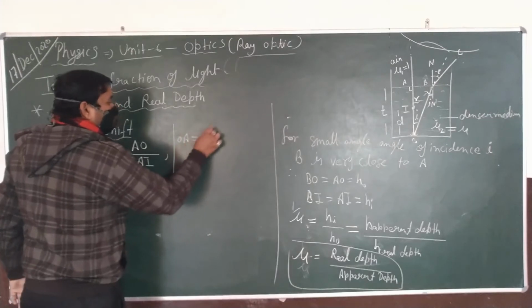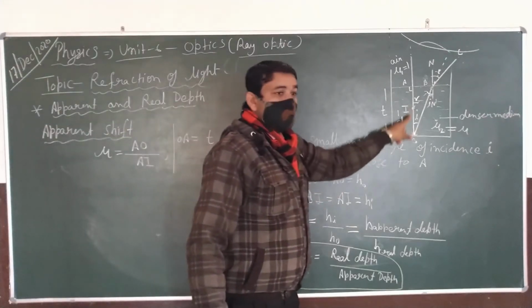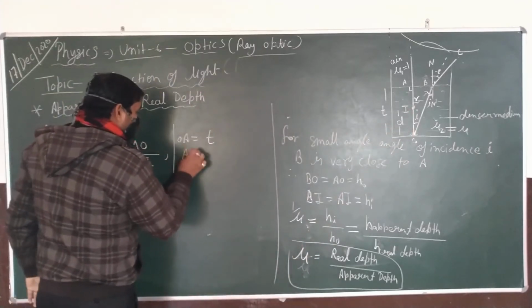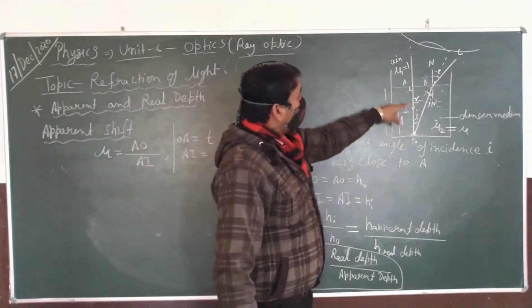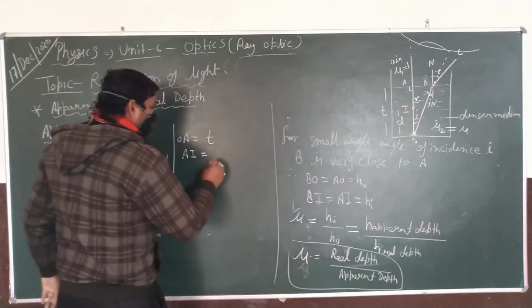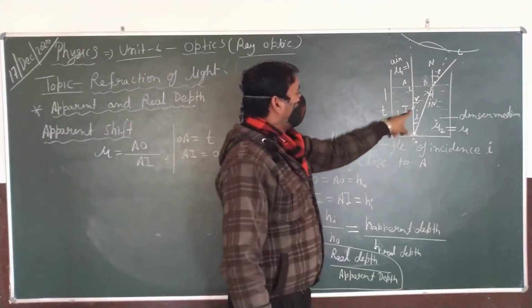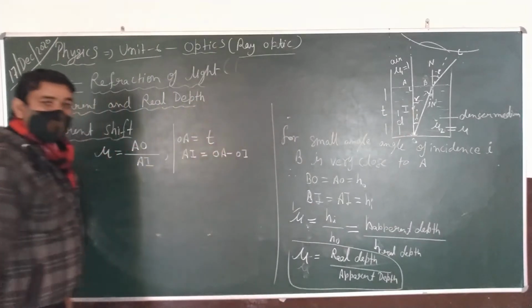OA is equal to T, and this is apparent shift. So, AI is equal to OA minus this result OI. Clear?